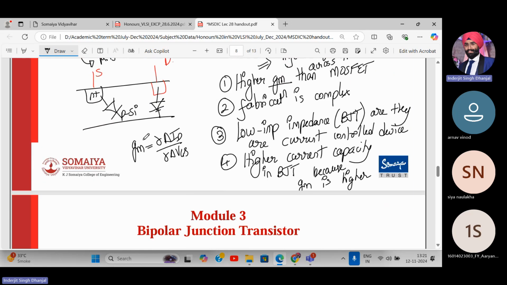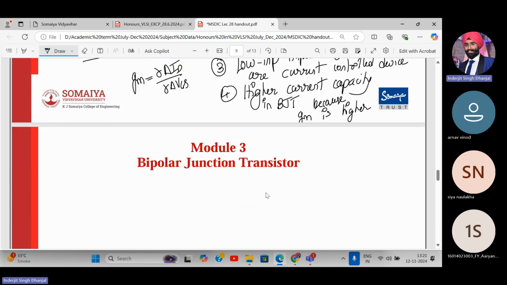So if I have a higher value of gm, that means the current capability of the BJT increases. Please write this point. Point number 5, in comparison to MOSFET, it has generally faster switching times. So it has faster switching capability over MOSFET.